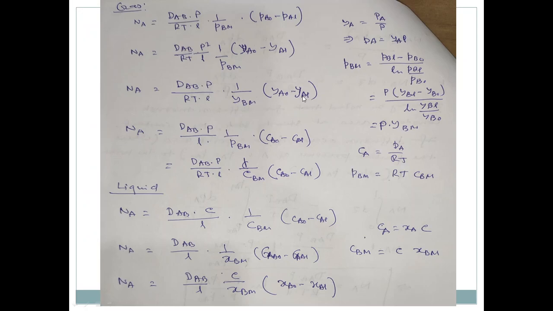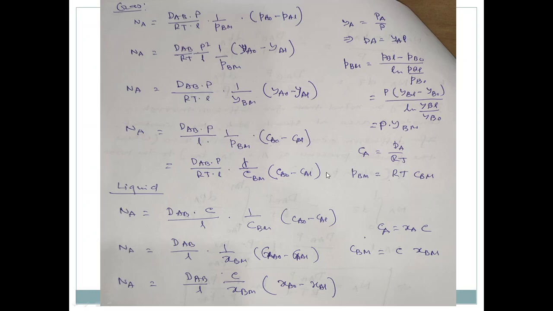Again, I can convert this equation in terms of CA, because CA equal to PA by RT. So this equation I can write, and PBM will be RT CBM. So PA equal to RT CA. So if I write DAB RT by L, 1 by PBM, CA0 minus CAL into RT, so RT will cancel out.